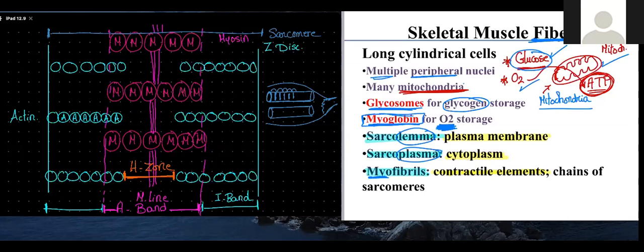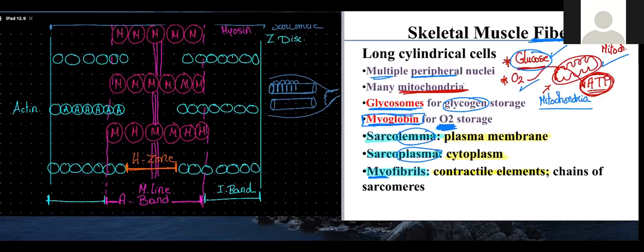Anybody has questions? Again, this is one unit of all those units that are forming my muscle cell or muscle fiber.